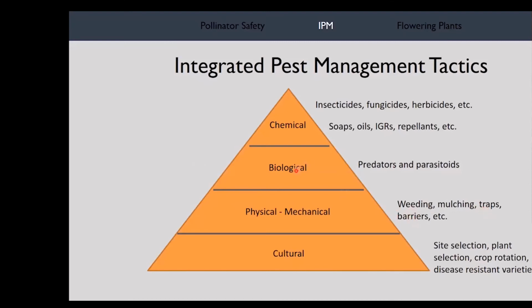Biological, which is what we're talking about right now, a lot of the predators and parasitoids that we can promote out in our gardens. And then the last note there is insecticides, fungicides, and herbicides might be our last option. If we can, use horticultural oils and dormant oils and soaps first, that certainly lowers the toxicity for a lot of our beneficial insects.